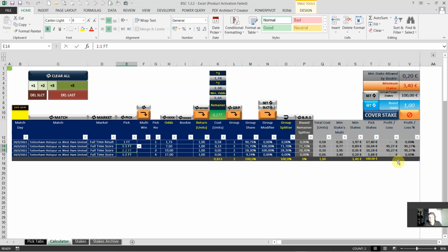And in this example, if you fancy to back the draw scenario, then you could have a nice profit of 95% based on your stakes.